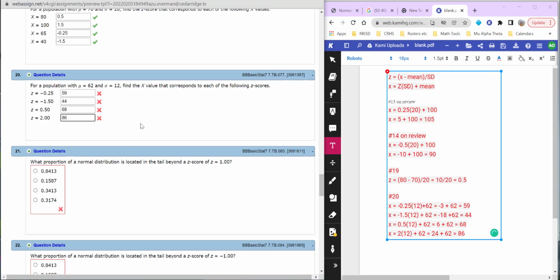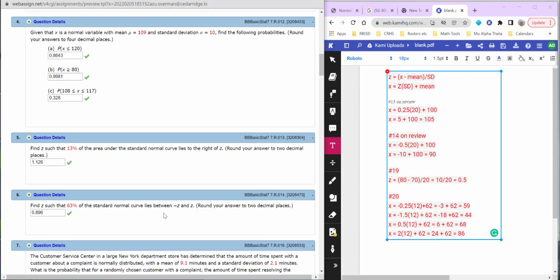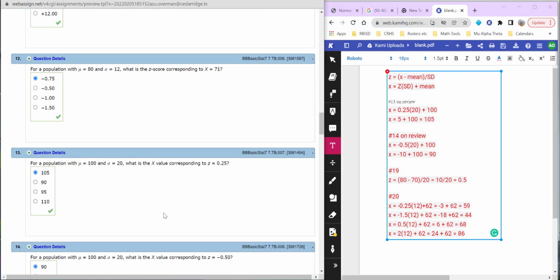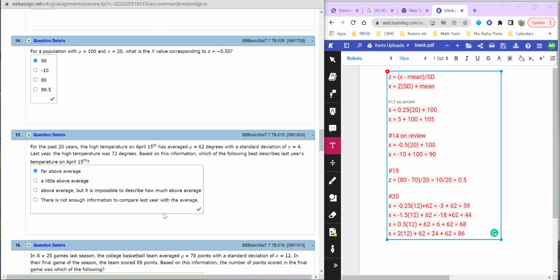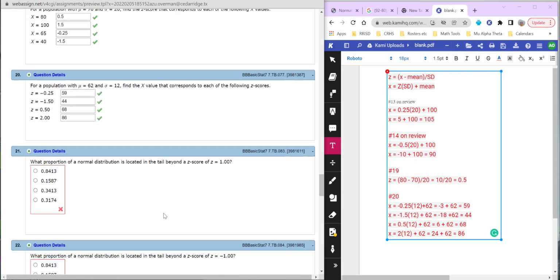So for these right here, you definitely need to get a calculator or a scratch piece of paper. If you created your cheat sheet, you can go ahead and show your work on your cheat sheet. That's always good. Did I miss anything? No, I thought I saw an X for a second. And they are all correct.